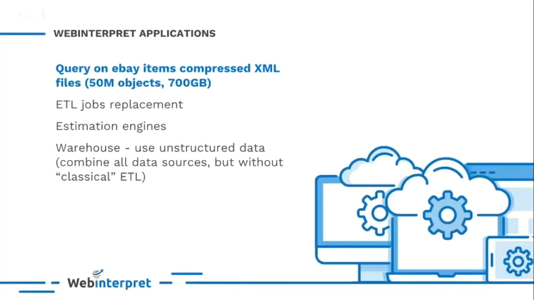Maybe it's not huge, but it's something you probably can't process on a single laptop, and we needed to figure out some insights from those XMLs. That was our use case. I will jump into it later.